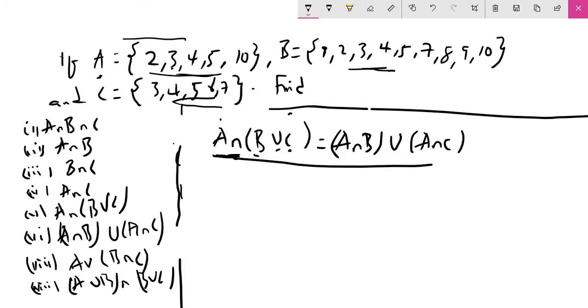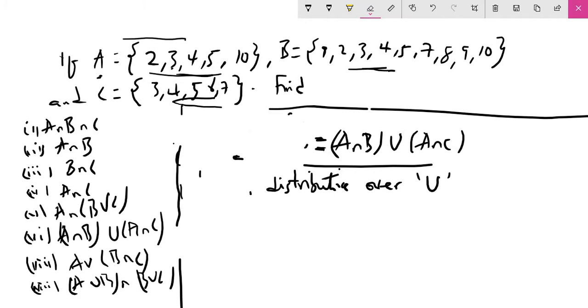This means that the intersection operator is distributive over the union operator. This is important to understand, and they are always equal. I mean, of course, it's the same exact thing. We just expanded this to get that. Okay? All right.